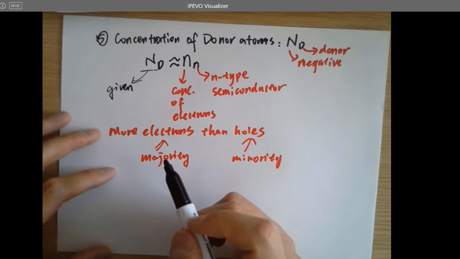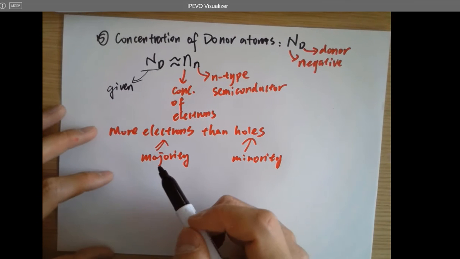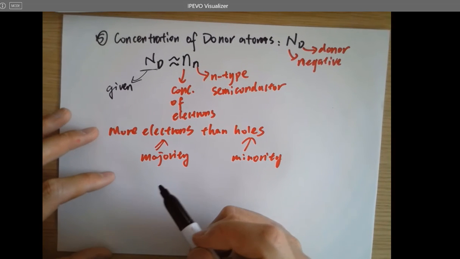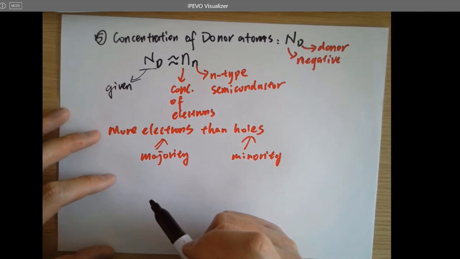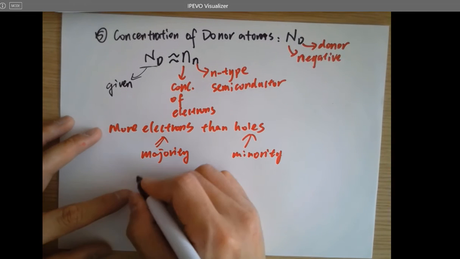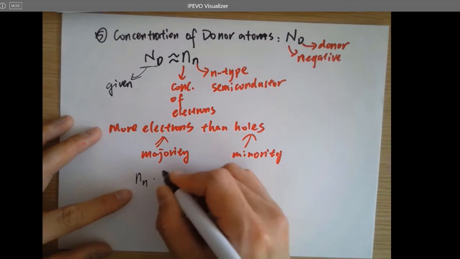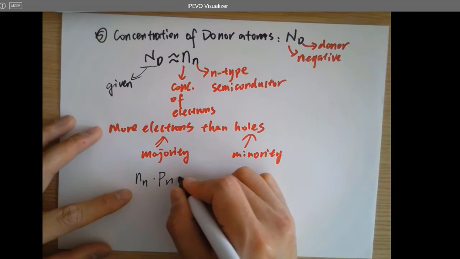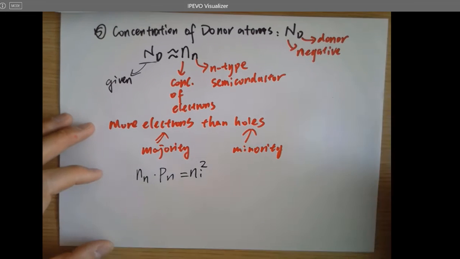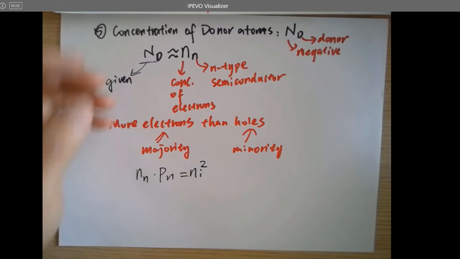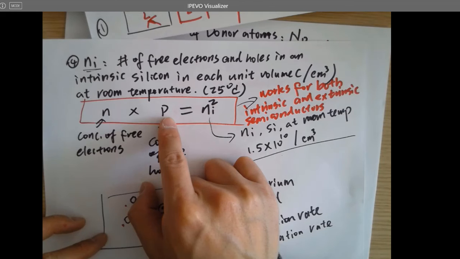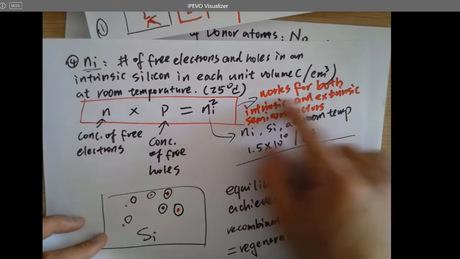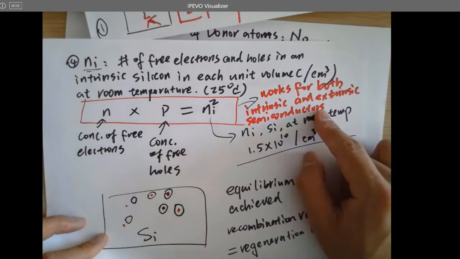And we can calculate the concentration of holes in that N-type semiconductor by following this equation. I just told you that this works not only for intrinsic semiconductors, but also for extrinsic semiconductors.